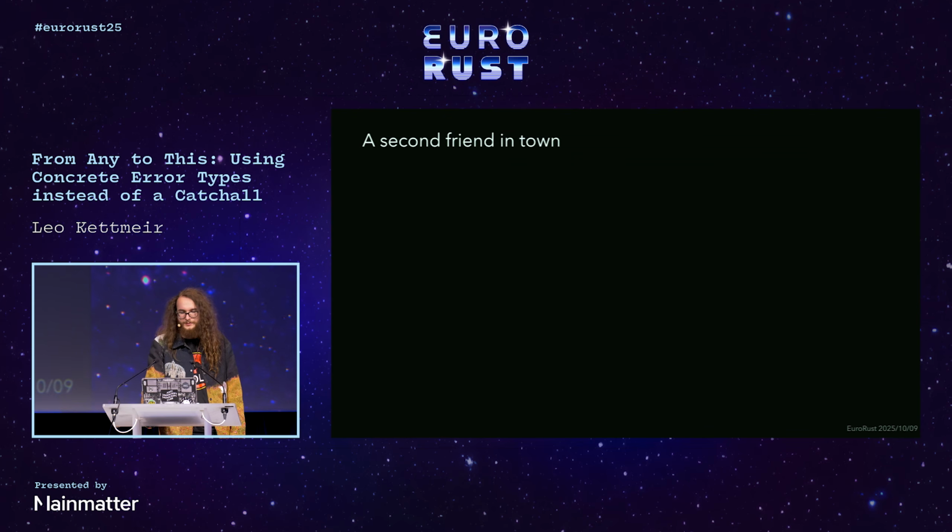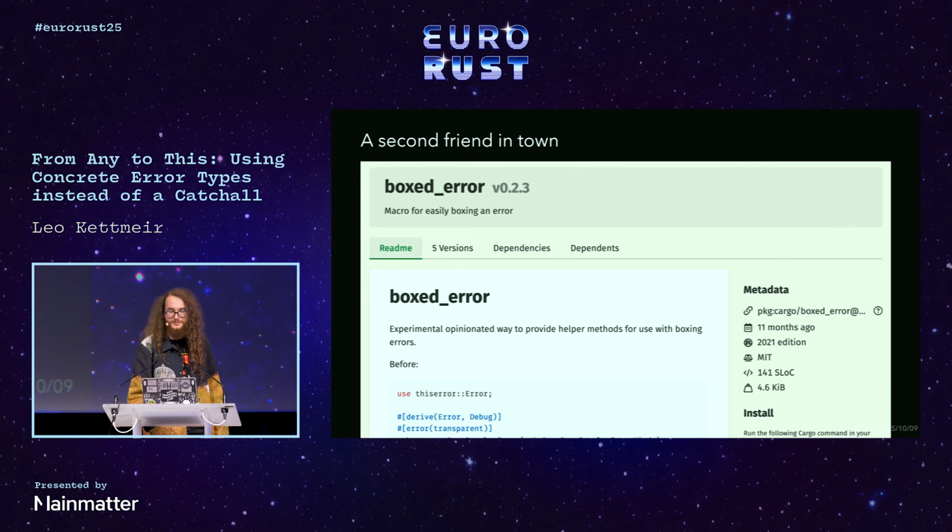Now, one macro is not enough. We have a second friend in town. We have boxed error, which we also defined because one macro is not enough. It's a utility macro for general usage, not just for the Deno case, but also for any day error handling. It is basically just a helper for boxing things, because we had all these errors defined.